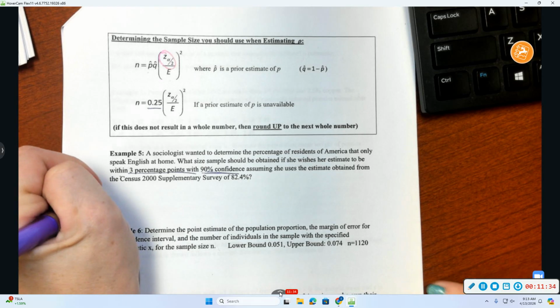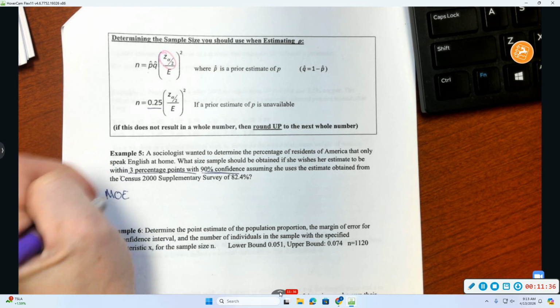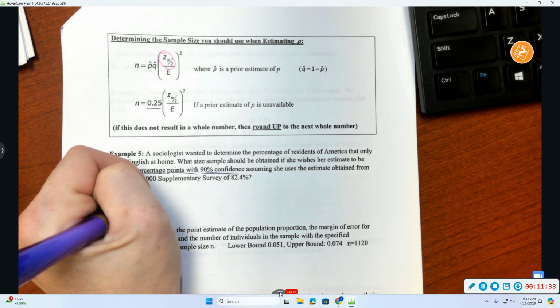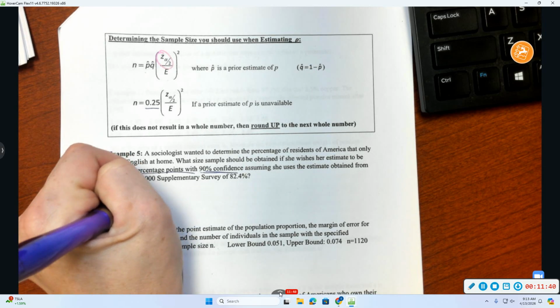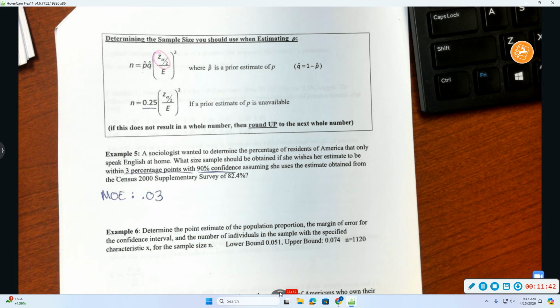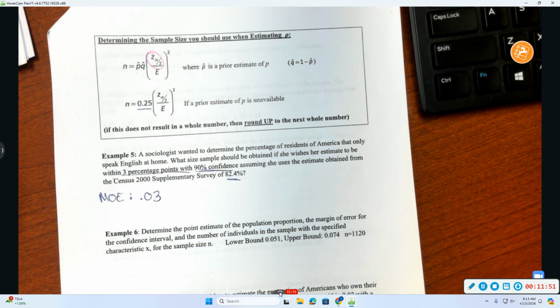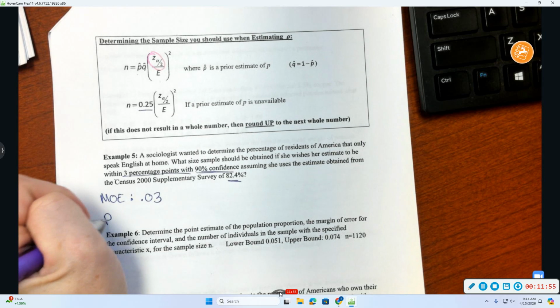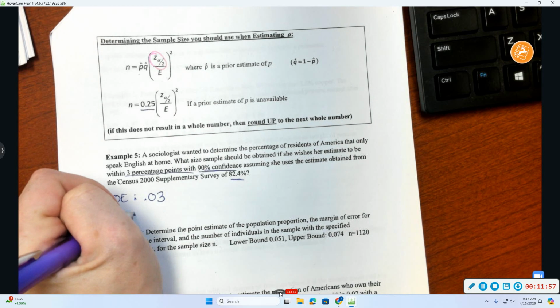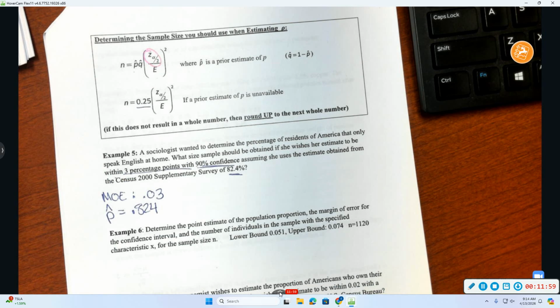So we were just given the margin of error, which is 0.03. Assuming she uses the estimate from the Census Bureau of 82.4%, this means that P hat is 0.824.